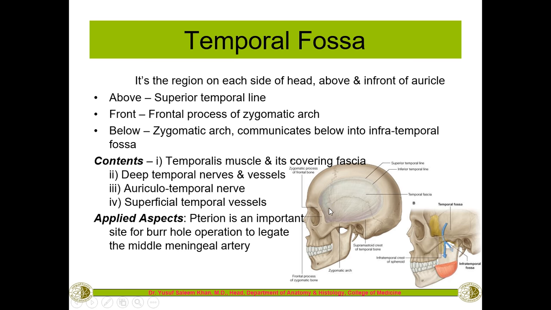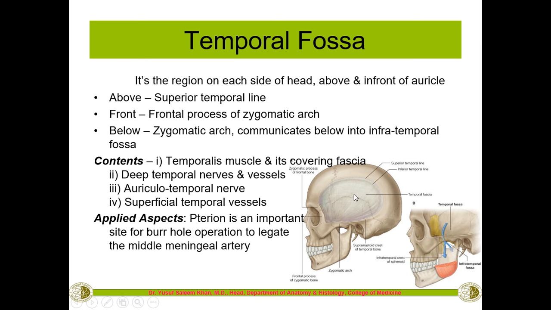This region is very important because deep to that there is one important artery which is passing very superficially in contact with the skull bone. That is the middle meningeal artery, and it is very prone to injuries. If there is any intracranial bleeding, usually it will be because of injury to the middle meningeal artery.